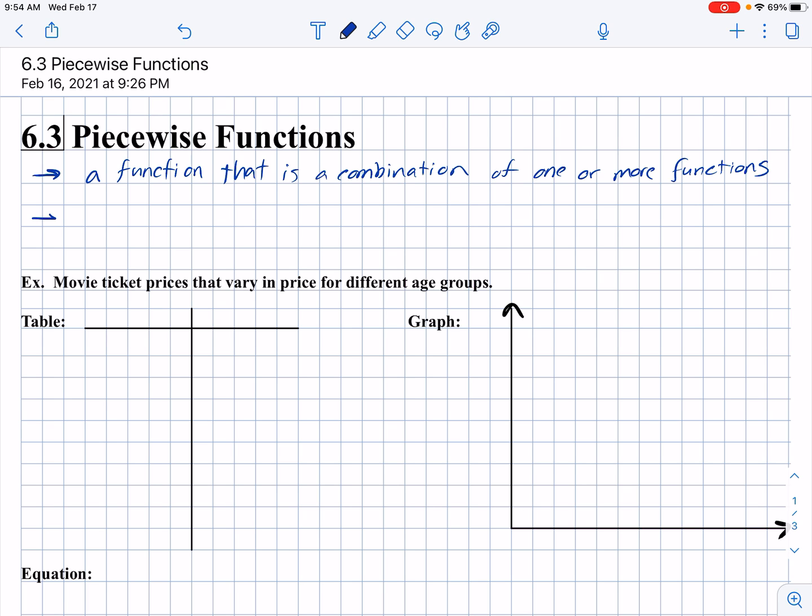It's where you have a different equation for different parts of the domain.